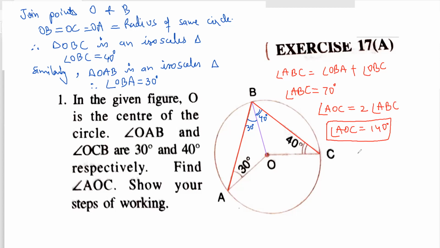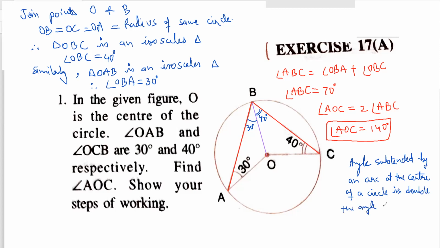You can write the reason here. What will be the reason that you will write? You will write: angle subtended by an arc at the center of a circle is double the angle subtended by the same arc at the remaining part of the circle.